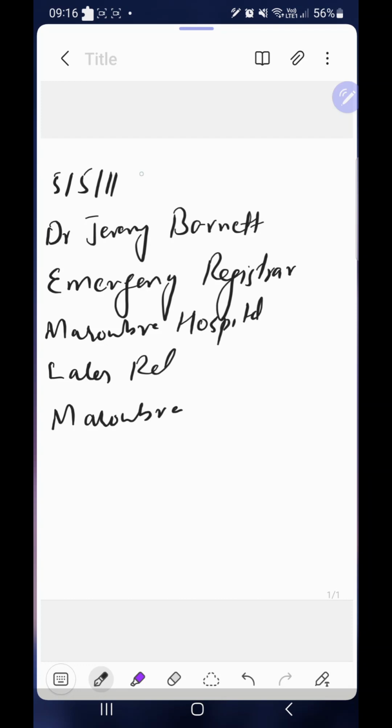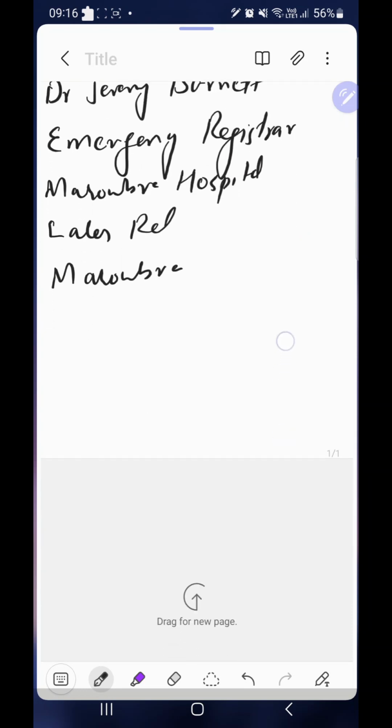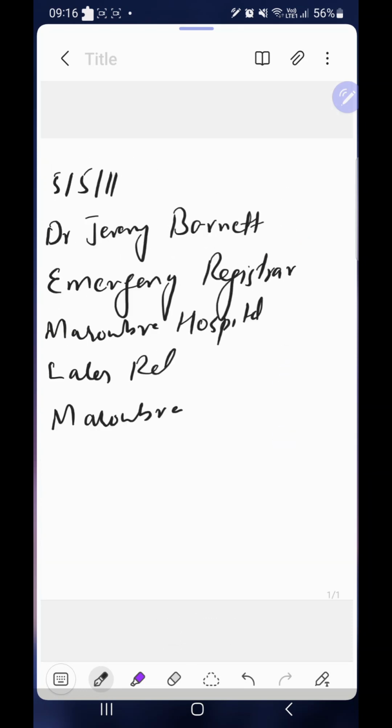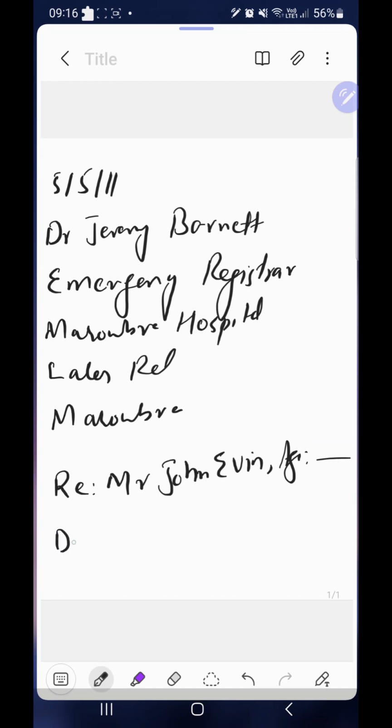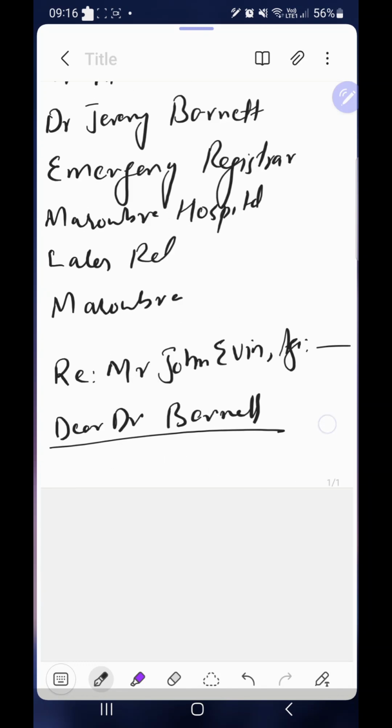The date on the top left corner. The doctor's name, his designation, and so on can be written over here. Afterward, leave one line and we write RE, which stands for regarding, patient name, Mr. John Elvin, his age, whatever is given. Leave one line and write dear doctor, second name. This is a standard format that you have to follow.